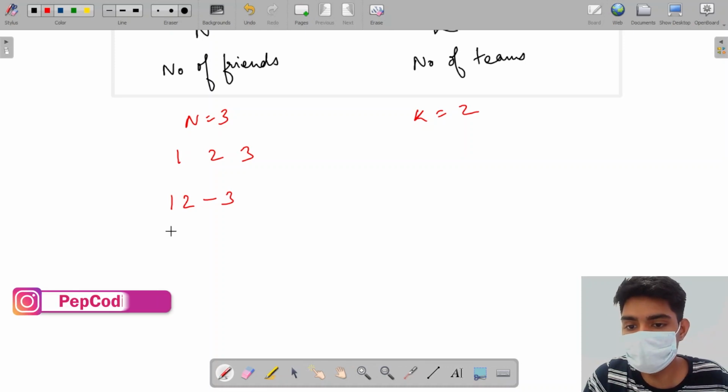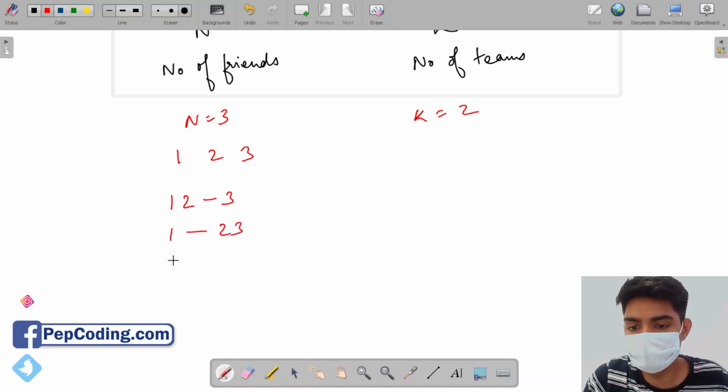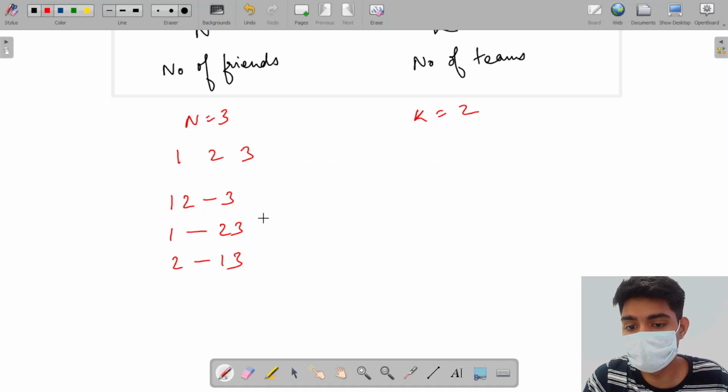I can do 1 alone and 2, 3 as a team, or I can do 2 alone and 1, 3 as a team. So these three would be my answers. I would print 3 as an answer because there are 3 ways in which I can divide 3 friends in 2 teams. Hope you understand this question.